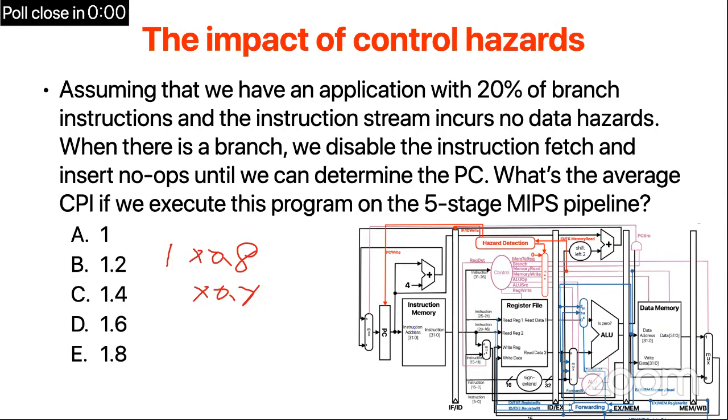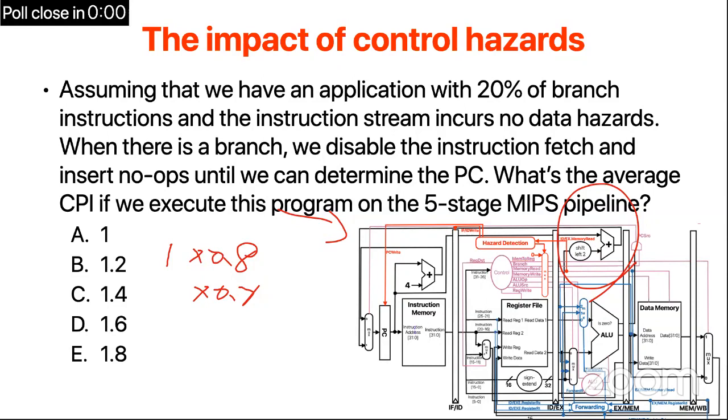Okay, so that's why I put this pipeline graph here, right? So what do you need to do in execution for a branch instruction? We need to calculate the PC. Right, the PC is right here, so before this is done, you don't know. And what else do we need to wait until the execution stage?